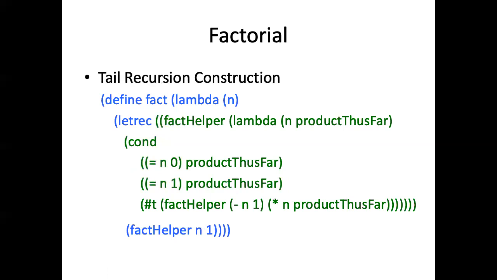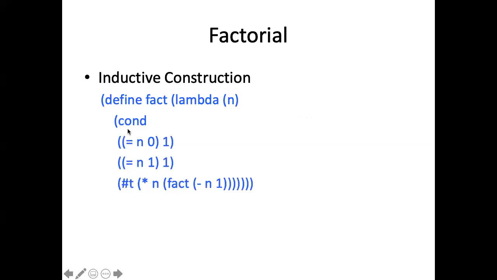Here, in contrast, is the tail recursive construction. With tail recursion, we're almost always defining a recursive helper function, whereas with the inductive construction, we often will not need a helper function.